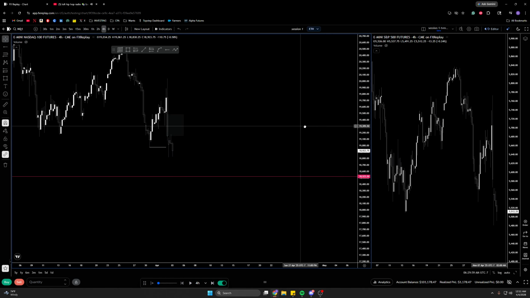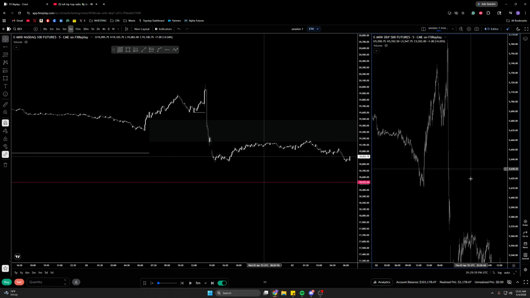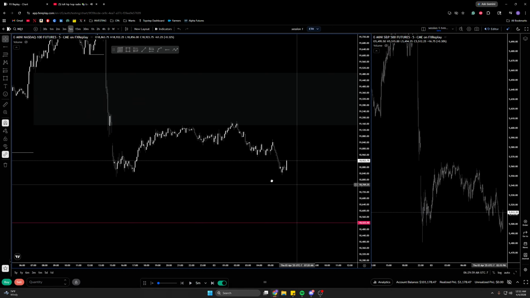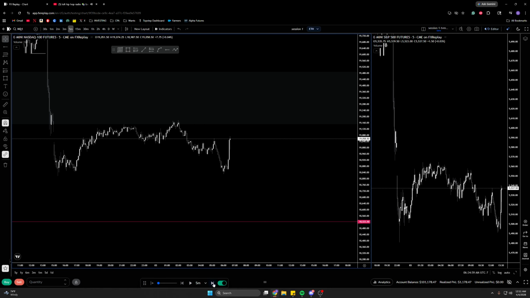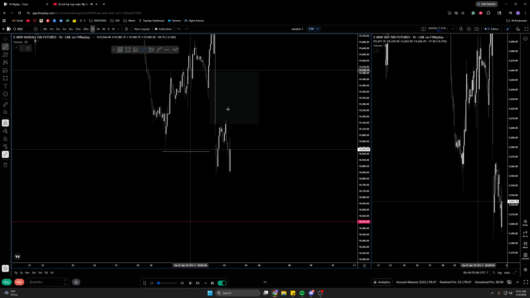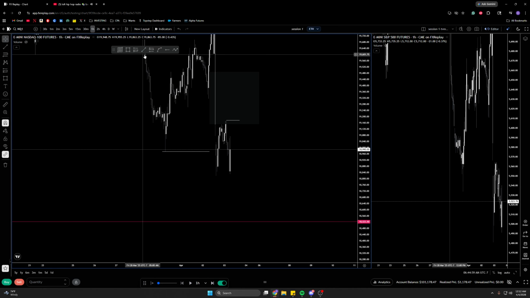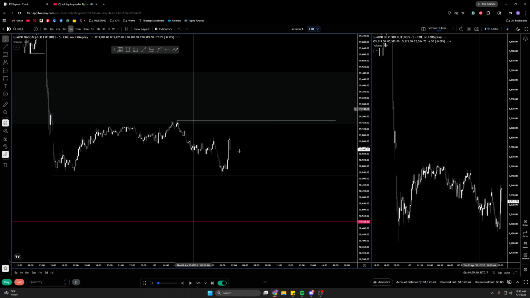Not that far though. Market opens. Looks like we have some buy side here, and then overall sell side resting here as well.